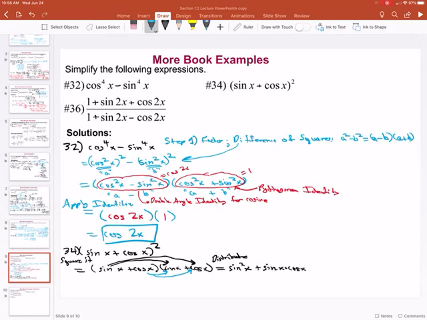So cosine x times sine x, which I'm going to write in the same order. Doesn't matter the order, multiplication's commutative. And cosine times cosine is cosine squared. So now what do we have? We have some like terms. Go ahead and add those up.